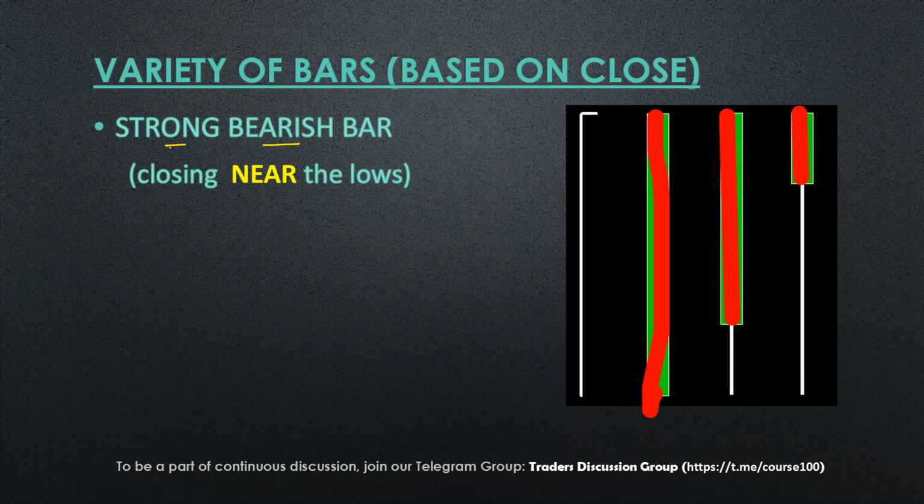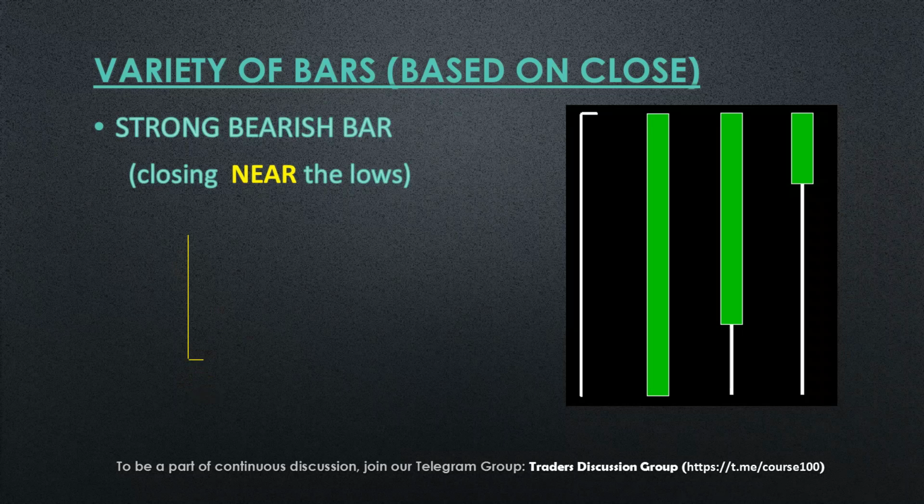The bar should close near the lows, somewhere near the lows. So a strong red bar opens near the highs and closes near the lows. Actually this whole diagram is wrong, so let me do it manually for you. A strong bearish bar looks like this.